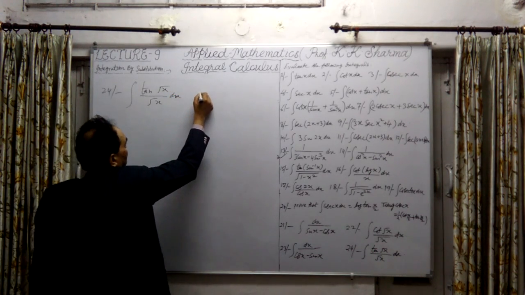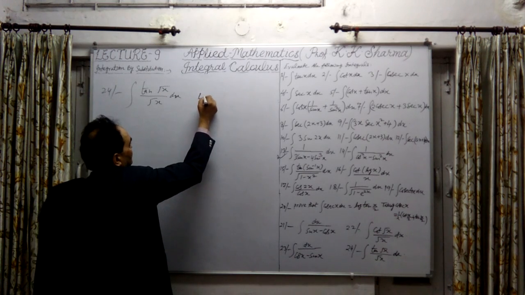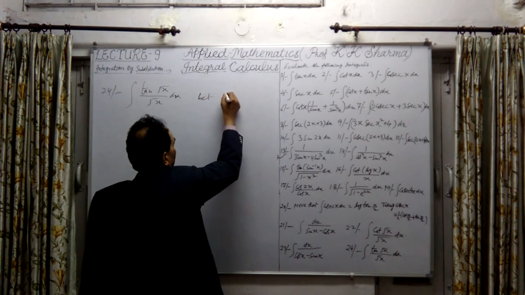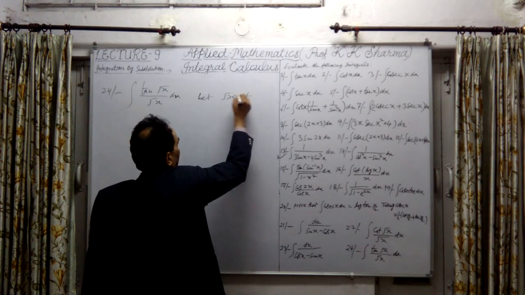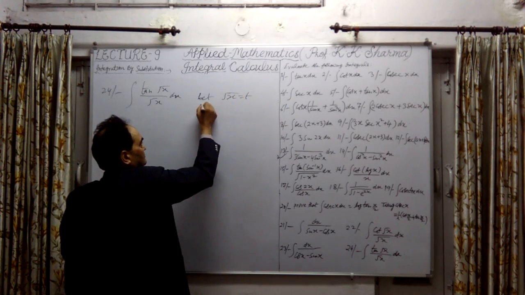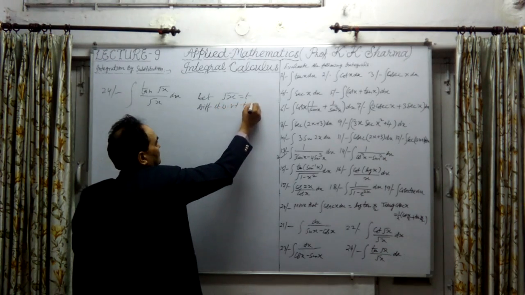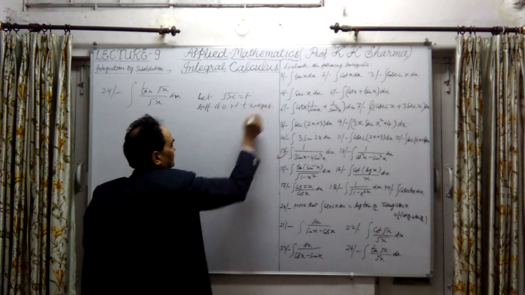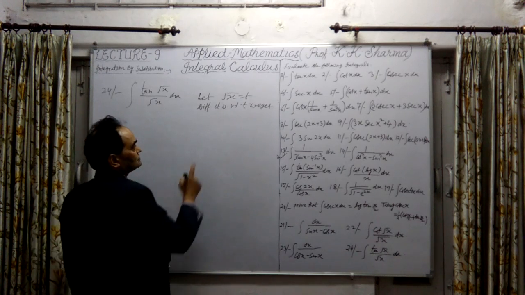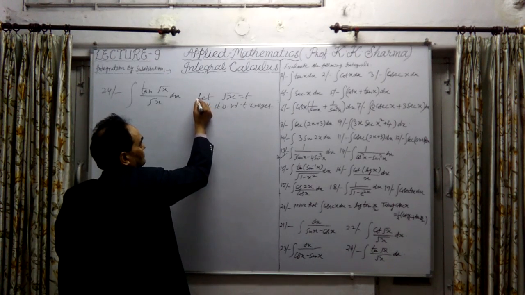If I take, let under root x equal to t, therefore differentiating it with respect to t, we get, okay, what is that value?